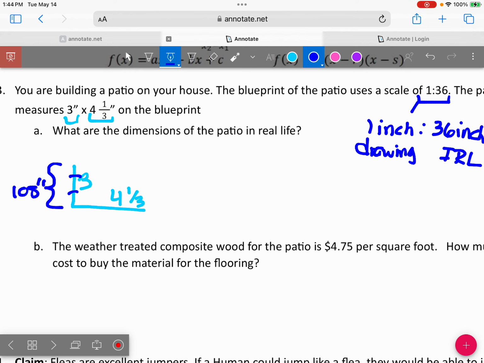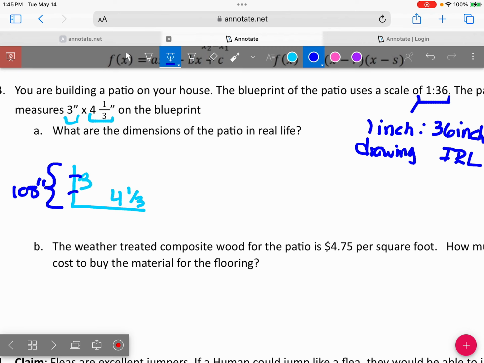How about the 4 1/3 side? How did you figure that out? 4 1/3 times 36. Yeah, I did it right. So you can put 4 1/3 times 36 in the calculator.